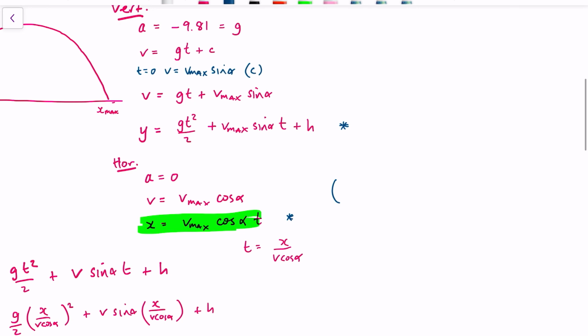Graph a parametric equation, I'm not going to rewrite the whole thing, but graph it as x comma y, where both x and y are functions of t, and then let alpha and vmax be constants that you can slide around, and then look at where it hits the ground, and how this value changes depending on what alpha is and what vmax is, and you'll find that that maximum value is the value of x that we've just found.